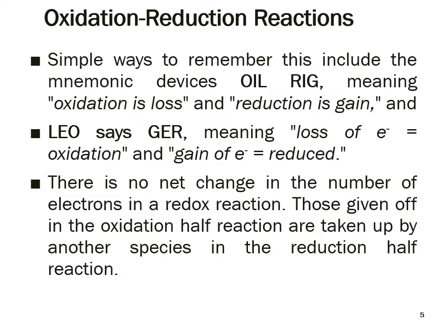Similarly, there are other devices like LEO says GER. LEO means loss of electrons is oxidation, while GER means gain of electrons is reduction. At the end, there is no net change in the number of electrons in a redox reaction. Those given off in the oxidation half reaction are taken up by another species in the reduction half reaction. So overall net charge remains the same.